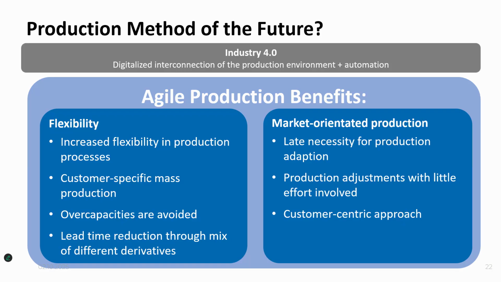The most notable benefits of incorporating such agile production methods are in the area of flexibility, including the increased flexibility in production processes, being able to offer customers specific mass production while avoiding overcapacity, and also reducing lead time through a mix of different derivatives. An additional benefit is being able to produce goods as specifically dictated by the wants and needs of your customers.